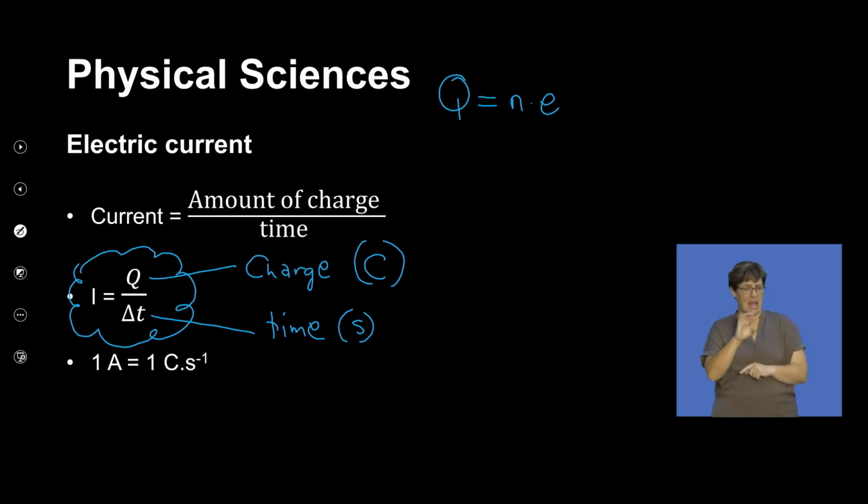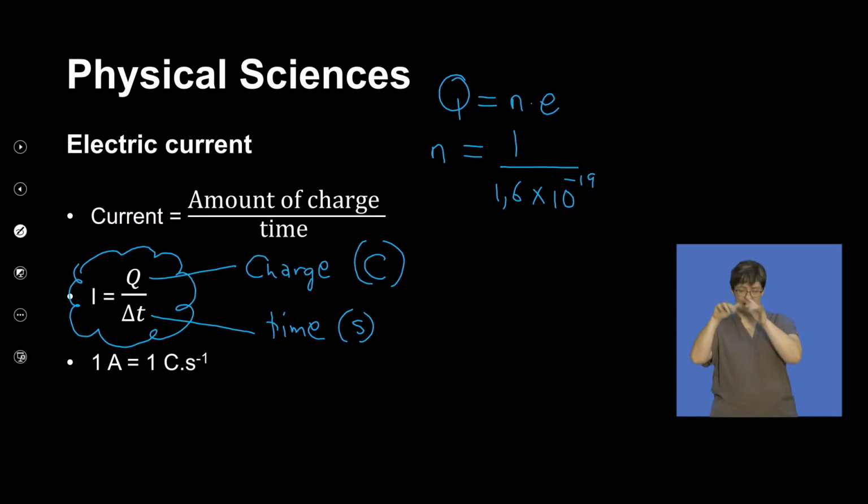We can determine the number of electrons, which is Q, in this case 1 coulomb divided by the elementary charge, 1.6 times 10 exponent negative 19. Let's check how many electrons make up a charge of 1 coulomb so that we better understand this.